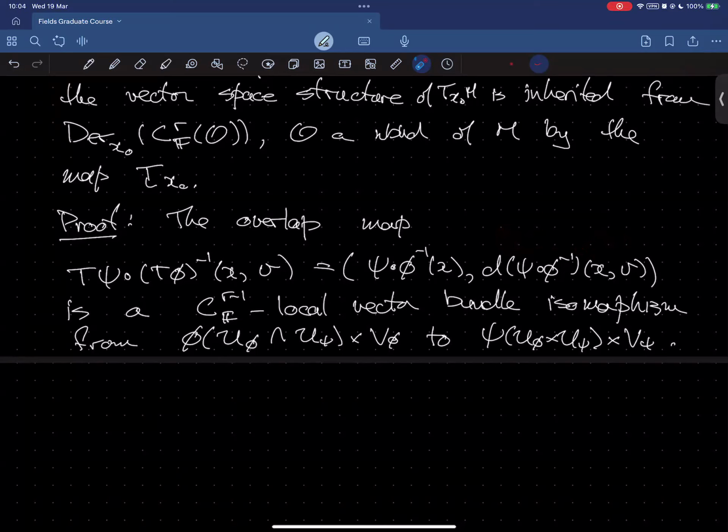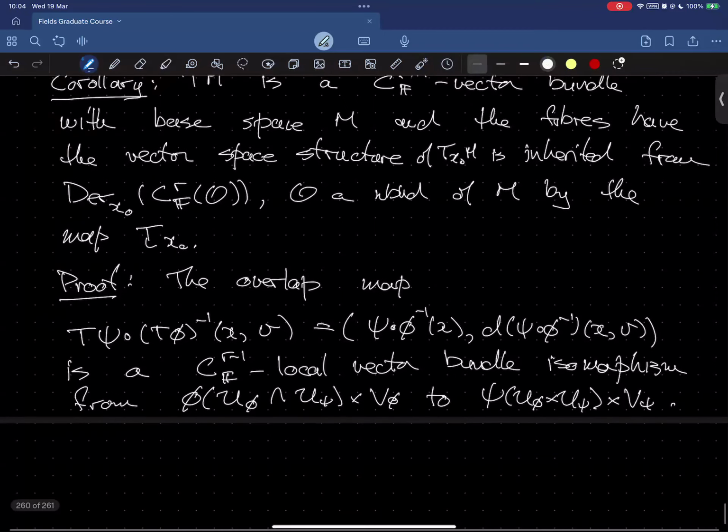All right, and so that's all you need to show that this thing has a vector bundle structure, because what it shows is that in the previous proof we actually constructed not just an atlas, but a vector bundle atlas. So that gives it the vector bundle structure.